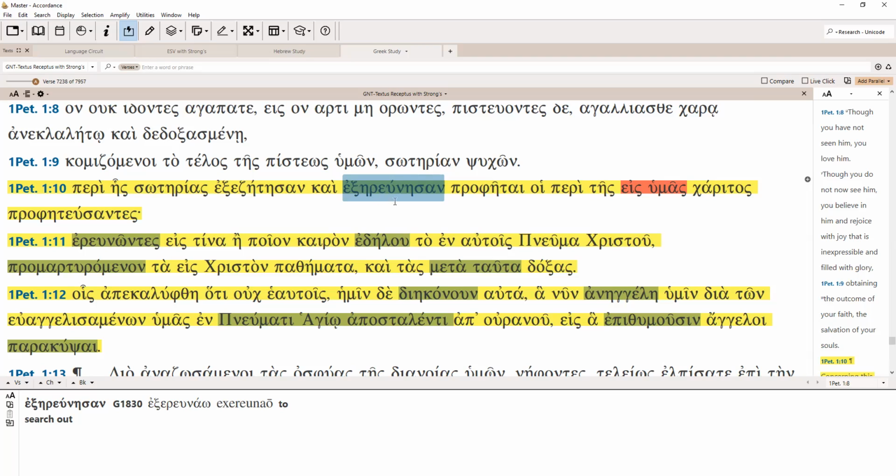So exereunesan, and it means to search out. So we have ereunao. If you remember the word heuristics, it comes from this word, ereunao. Okay, so that means to search out, or to find.